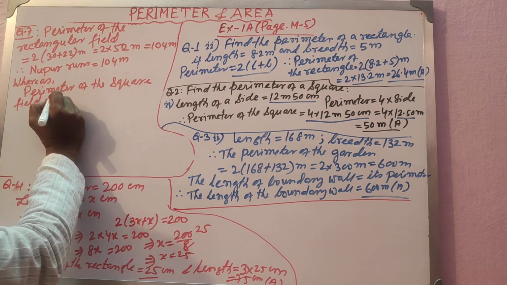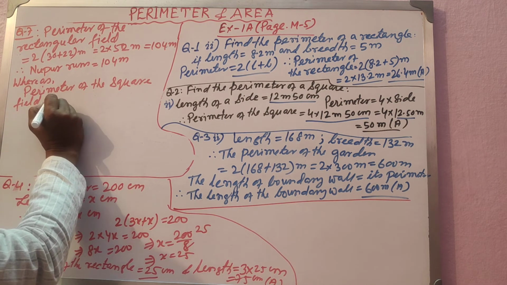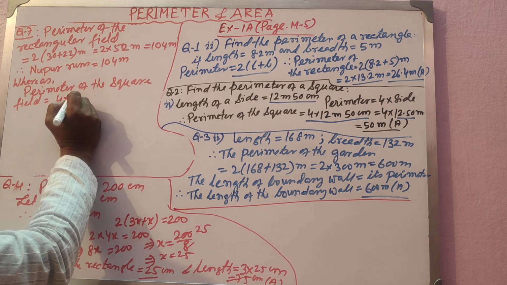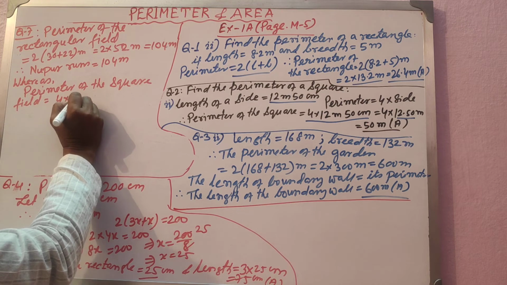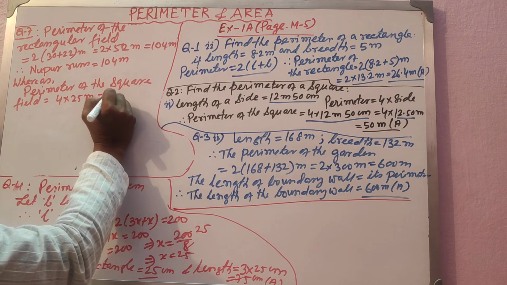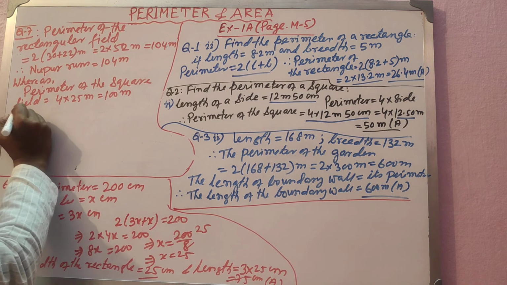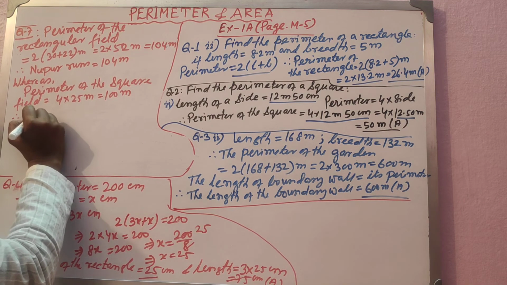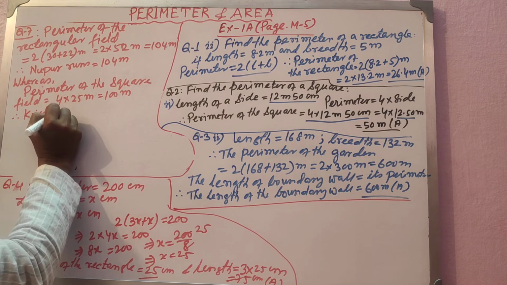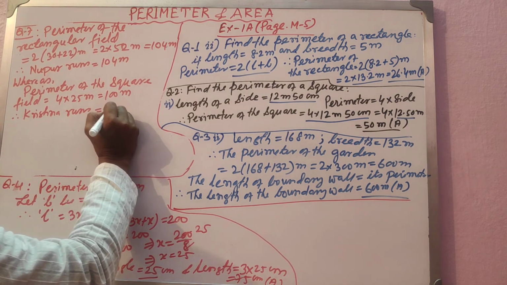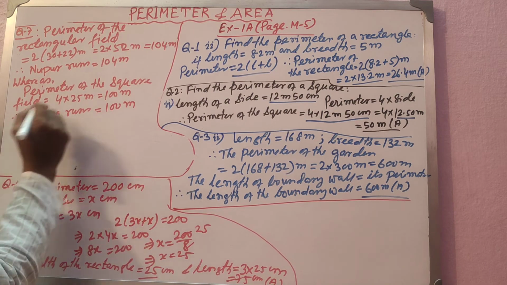The square field's side is 25 meter. 4 into 25 meter, so that means 100 meter. Okay. Therefore, Krishna runs 100 meter. Who runs faster?